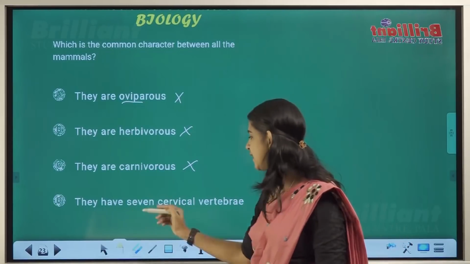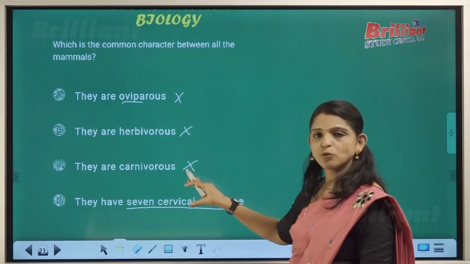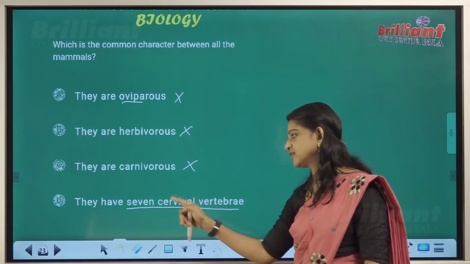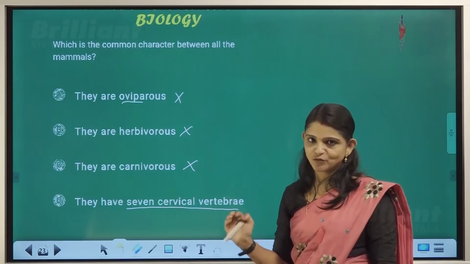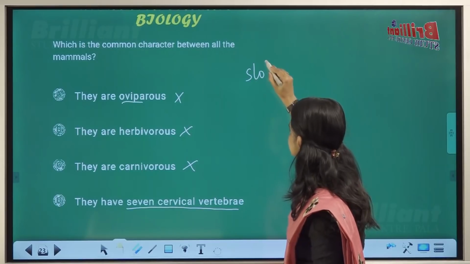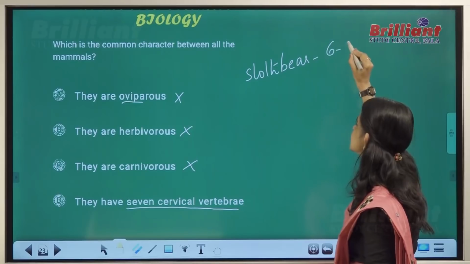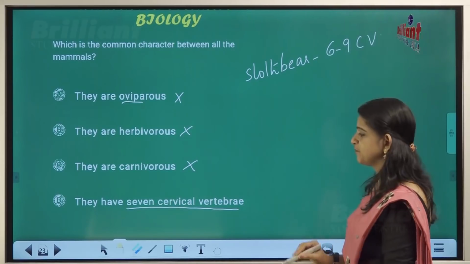Next one, they have 7 cervical vertebrae. Among the given options, this is the most appropriate one. But here an exception is there, like the sloth bear. It has 6 to 9 cervical vertebrae.